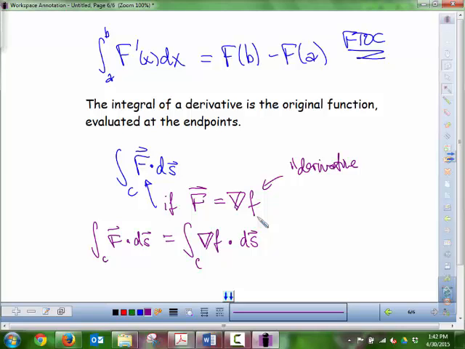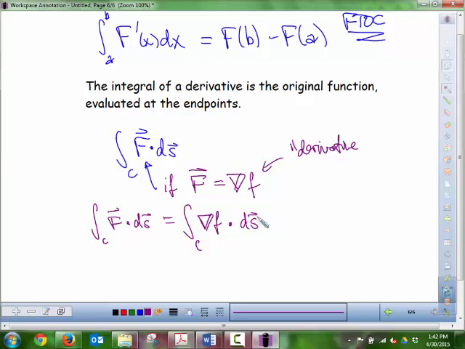According to our working definition, we have to parameterize C. So let's parameterize C with R, where t goes from a to b, for example. The gradient, which is a derivative, is essentially a function of x and y.